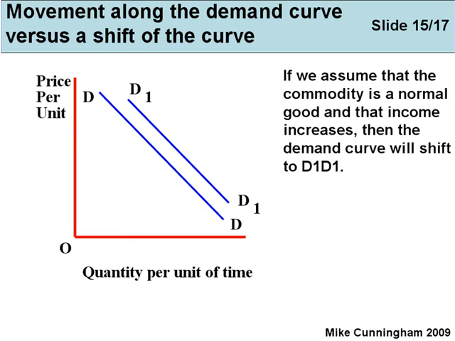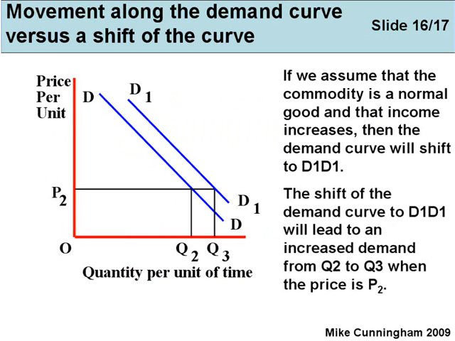In this diagram, as income increases, the demand will shift from D to D1, because at any particular price, because income has increased, we will now demand more. The shift of the demand curve to D1 will lead to an increase in demand from Q2 to Q3 when the price is P2.